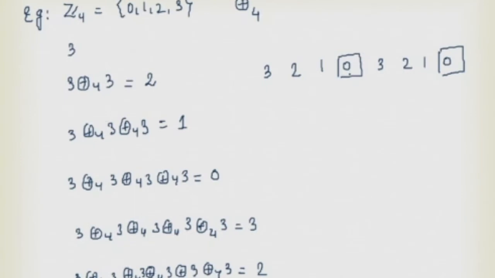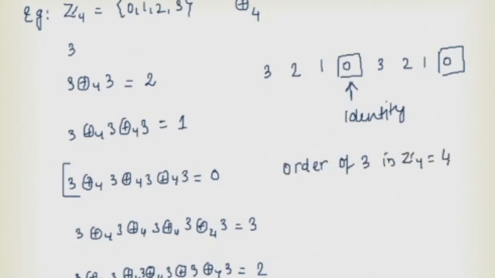So the minimum number of times you have to operate 3 with itself to get the identity becomes the order of the element. So here you can see that 3 is operated 4 times to get 0, and 4 is the minimum such number, and hence the order of 3 in Z4 becomes 4, right?